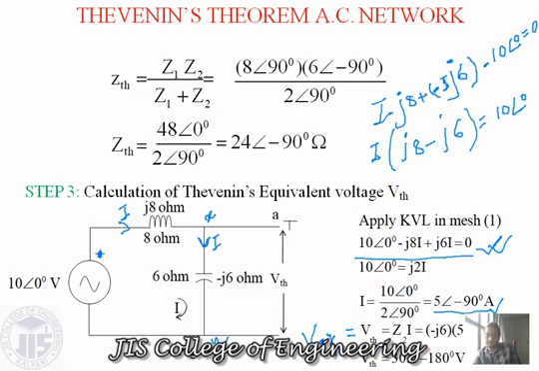All these values are multiplied, and by solving that we find that VTH is 30 angle minus 180. So this is the value of VTH, the Thevenin voltage.